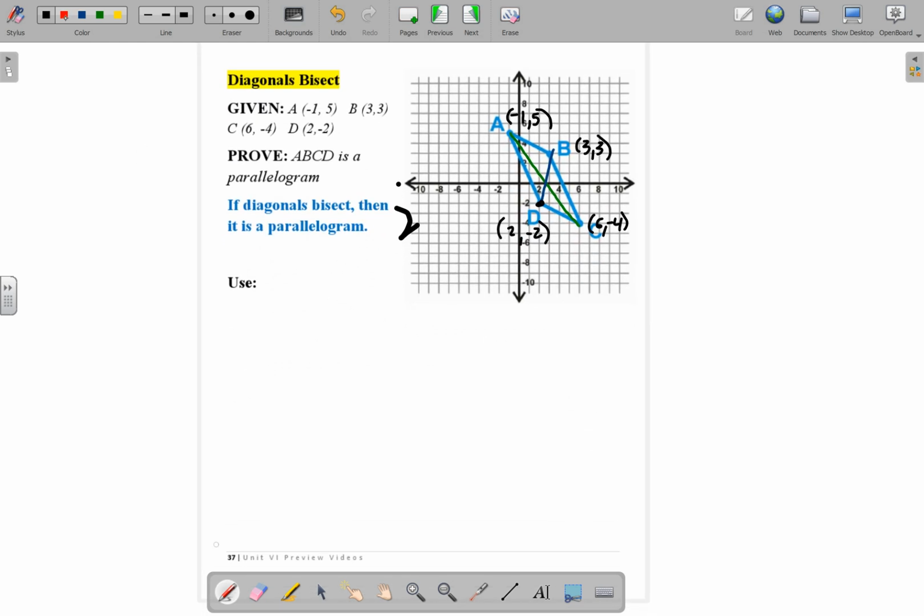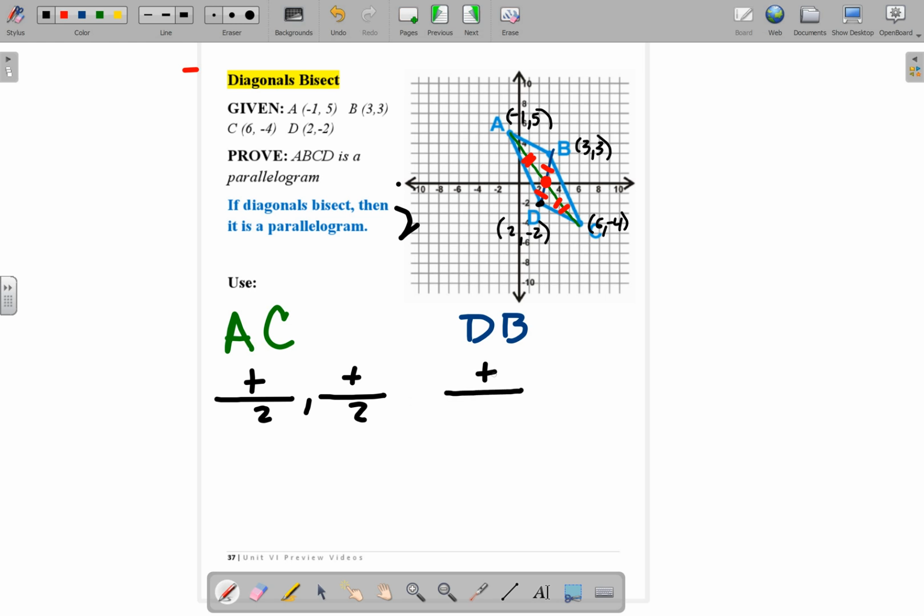Okay, all we have to prove that they bisect is the fact that we have a midpoint going both ways. So I'm going to find the midpoint of A to C, and then I'm going to find the midpoint of D to B. You add the x's, divide by 2. Add the y's, divide by 2.